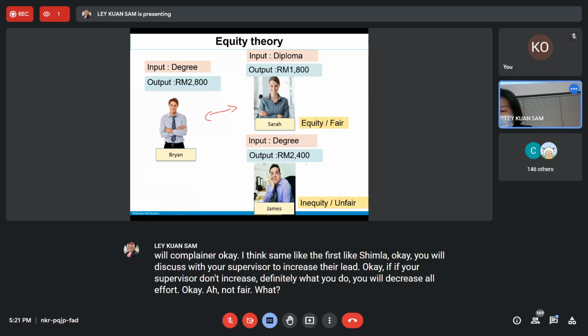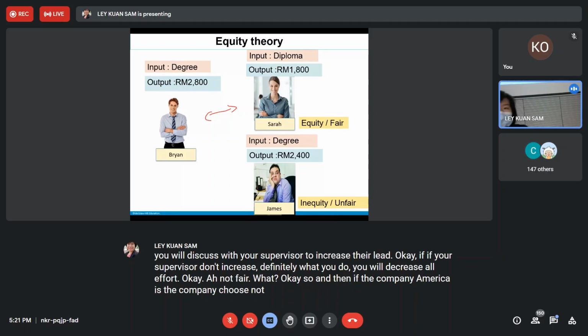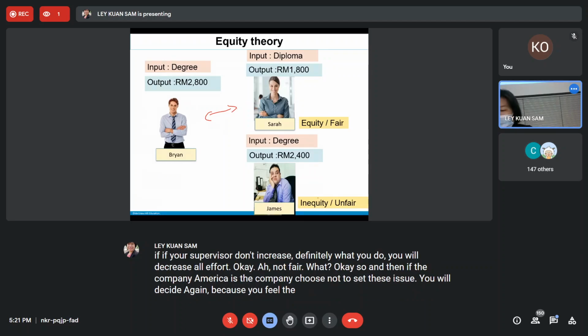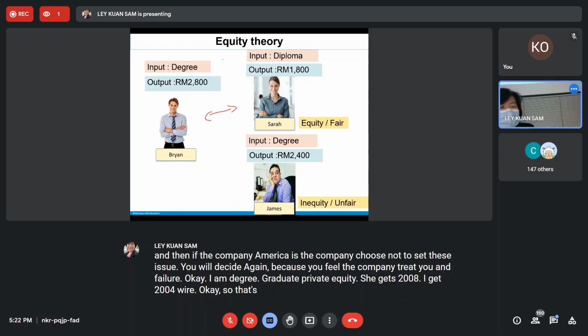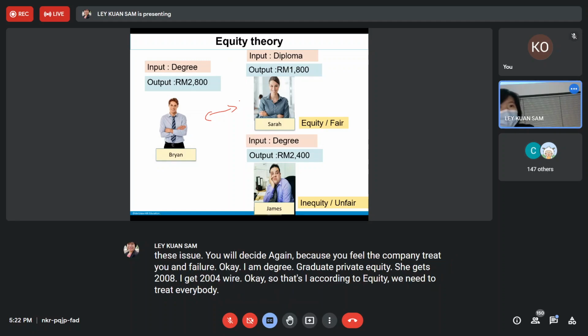And if the company chooses not to settle this issue, you will resign, because you feel the company treats you unfairly. I am a degree graduate, Brian is a degree graduate, he gets 2008, I get 2004. Why? So that's why, according to equity theory, we need to treat everyone fairly.